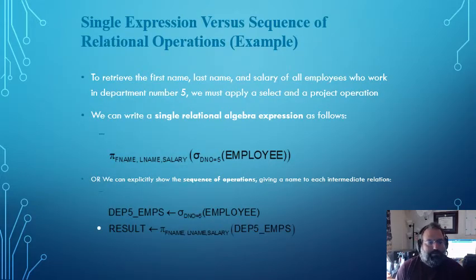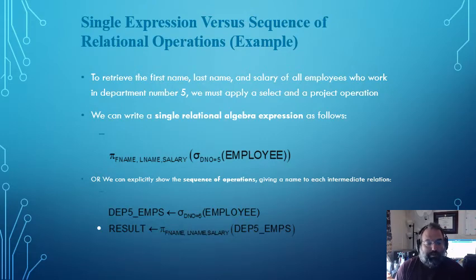So to retrieve the first name, last name, and salary of all employees who work in department number 5, we must apply a select and a project operation. We can write a single relational algebra expression as follows: pi first name, last name, salary, selecting where DNO equals 5 on employee.